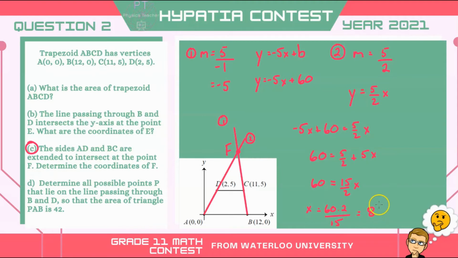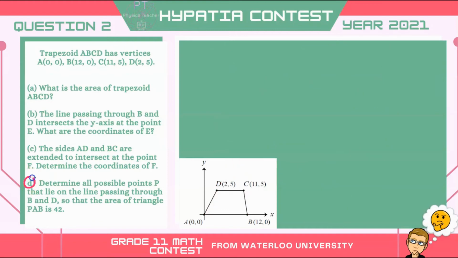Now that we know the x-coordinate, we can simply substitute it into either one of the equations. This one's pretty simple, to figure out the y-coordinate, which would be 5 over 2 times 8, which is equal to 20. So the coordinates for F then is 8 and 20.